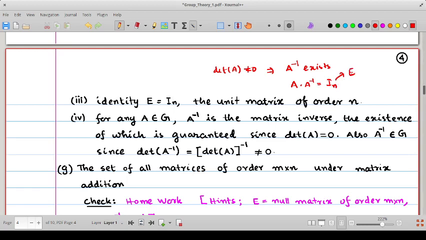This was the identity of the group composition. So that means the inverse matrix exists for every matrix in this set, which implies that the set of non-singular square matrices of order n forms a group.